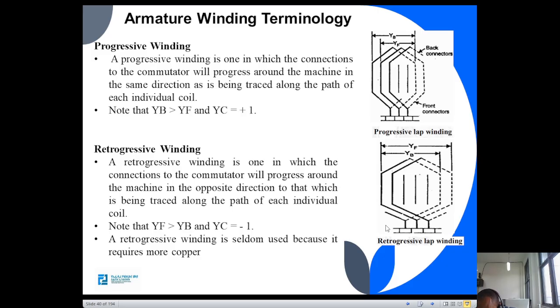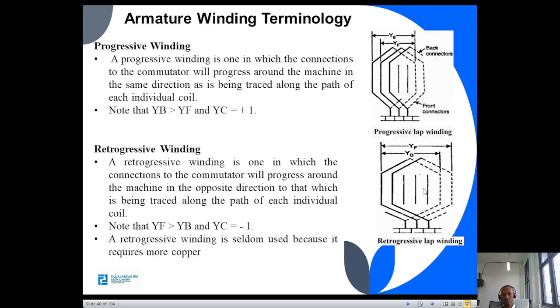So it is going back to the left side. That is what we call retroprogressive winding. In a retroprogressive winding, the front pitch is greater than back pitch, and the commutator pitch is equal to -1.